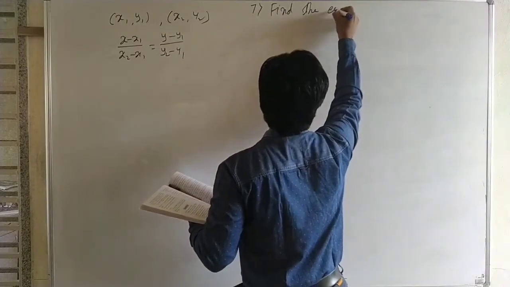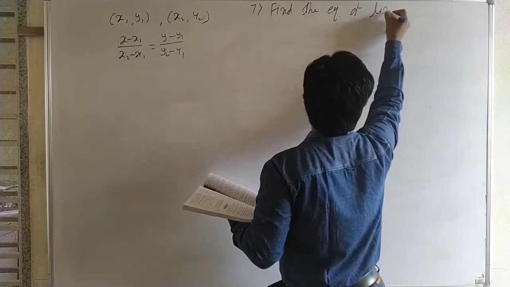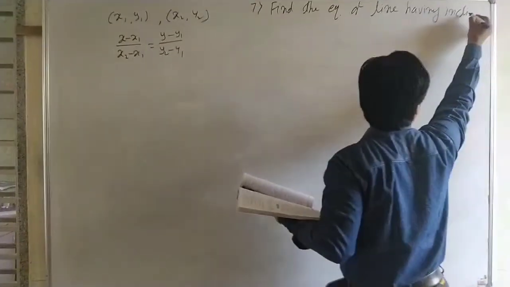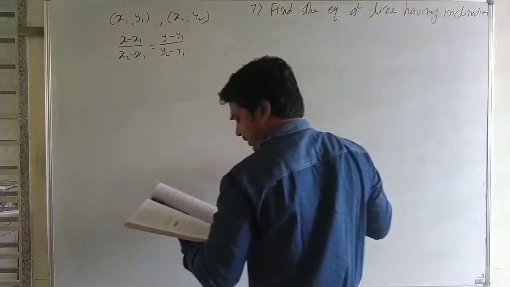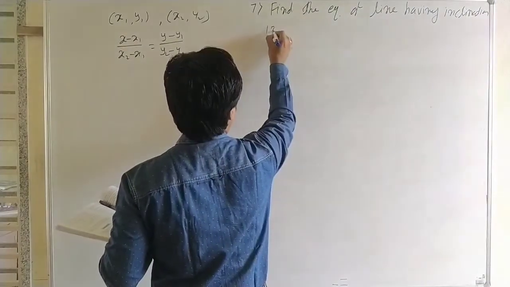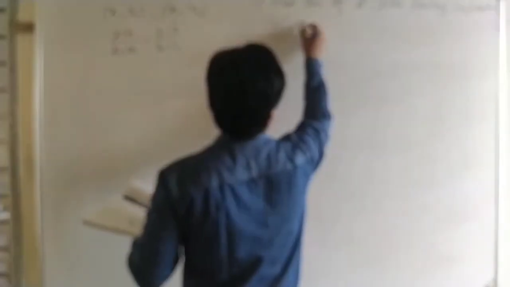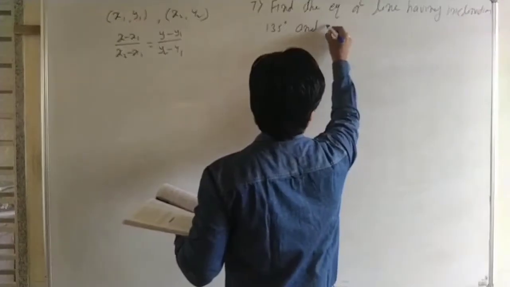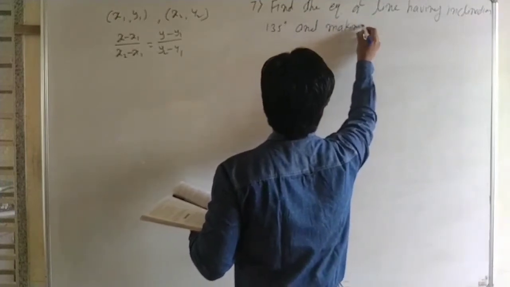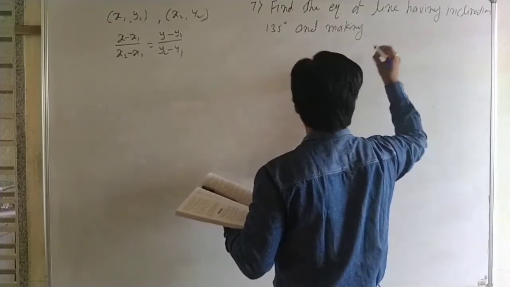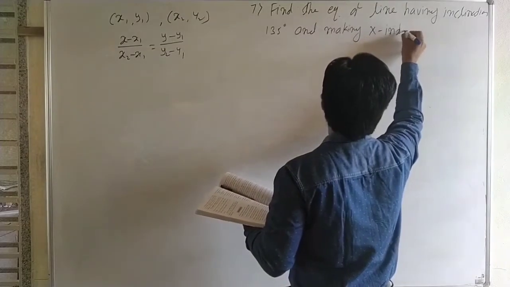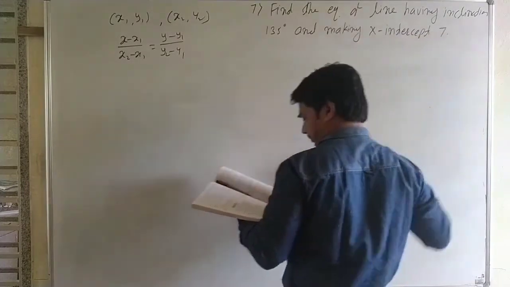Find the equation of line having inclination 135 degree and making x intercept 7.